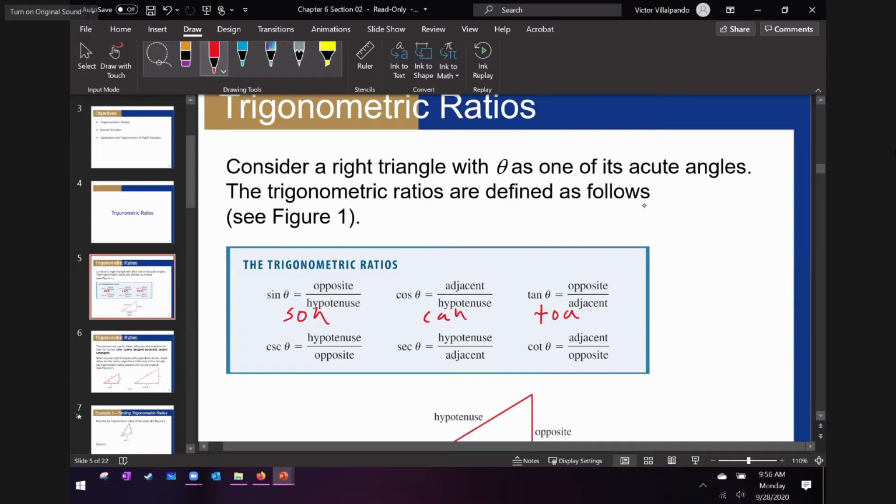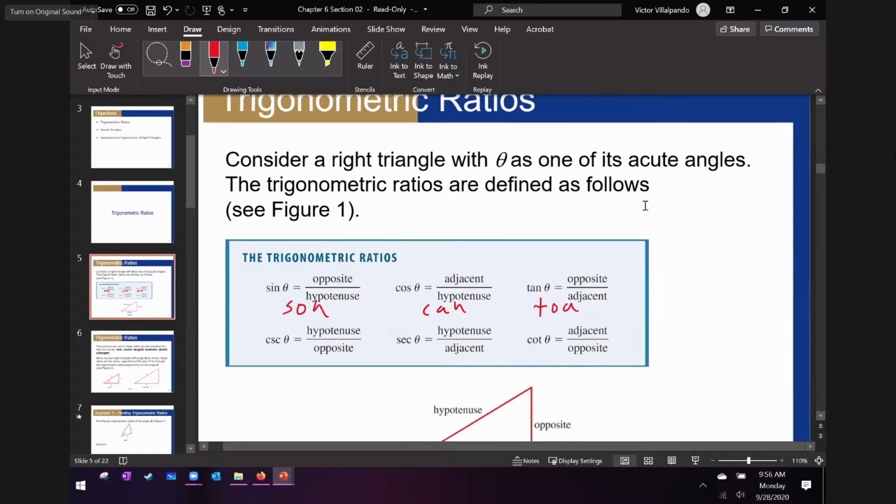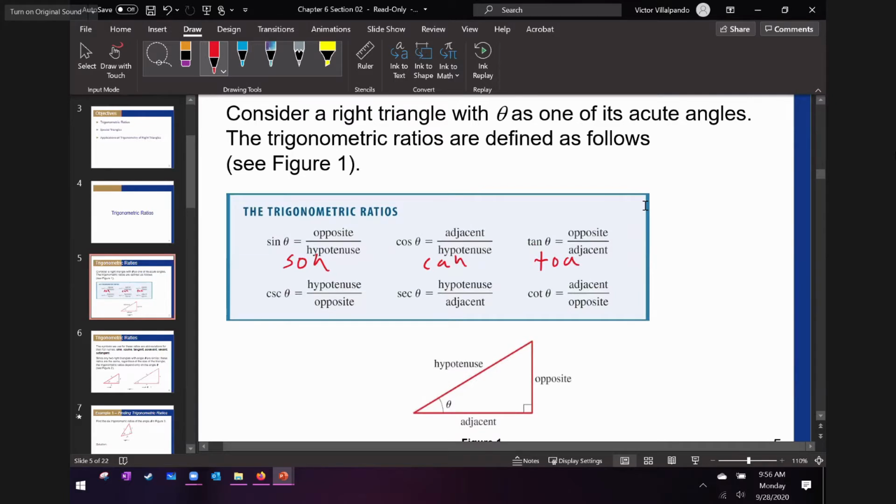And if you know the first three, the other three are going to come real quick, because if you notice, they're just the reciprocals. You just flip them. Notice for sine, it's opposite over hypotenuse. Well, if we take the reciprocal of sine, 1 over sine, 1 over sine is cosecant.